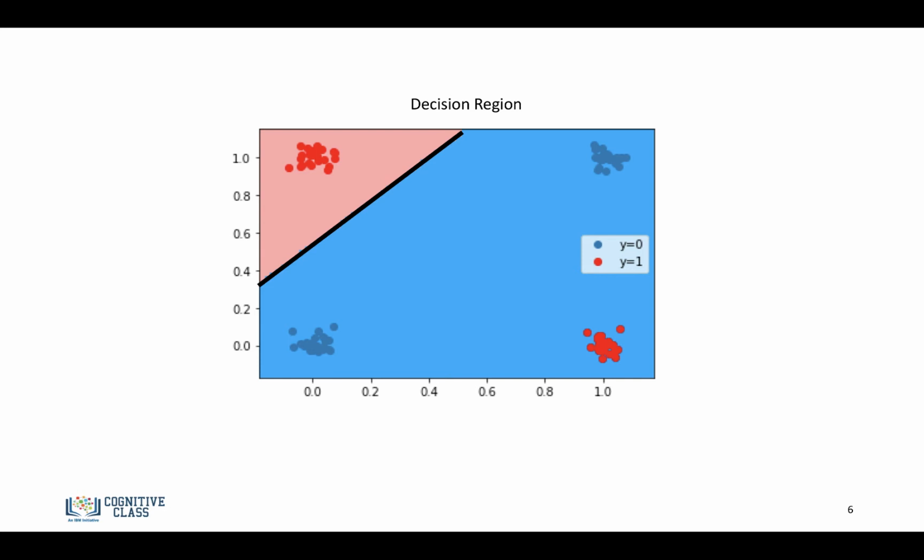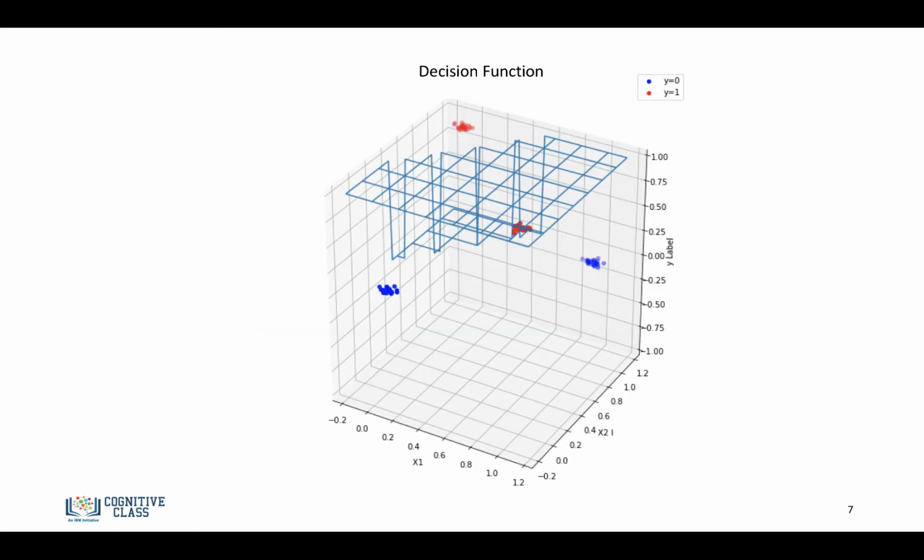So let's see what happens when we try a different number of neurons to formulate a decision function. Here's a previous example where we had a linear classifier, and basically we have a surface and we can see the height. So anything in this region will be classified as 1, and anything in this region will be classified as 0. And we can see the red points in this region are correctly classified, and everything else is incorrectly classified.